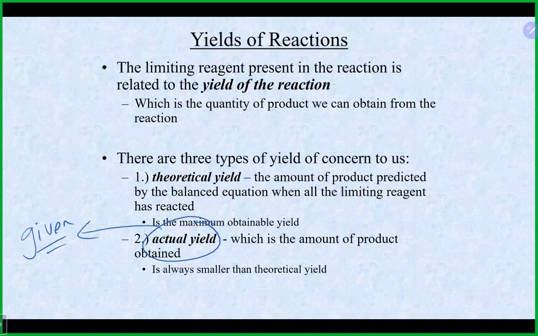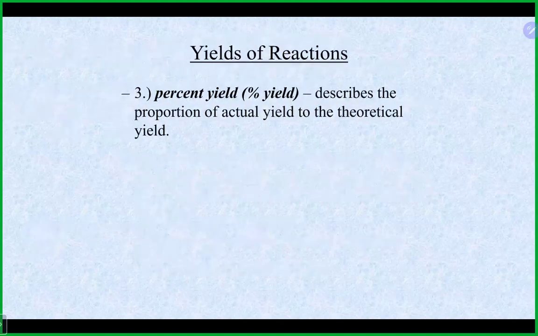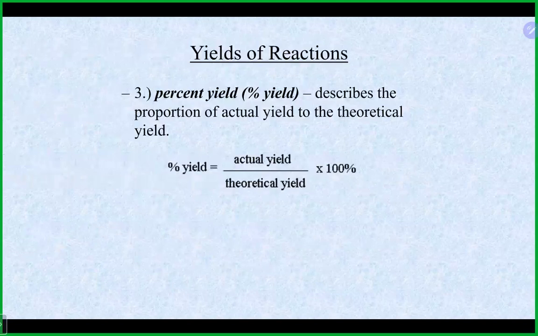Now, what do you do with both of those things? Well, usually your theoretical yield should be higher than your actual yield. You typically will use both of those things to calculate what's known as the percent yield. And the percent yield is the actual yield divided by the theoretical yield.